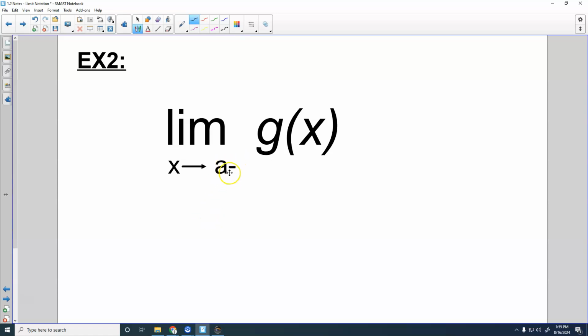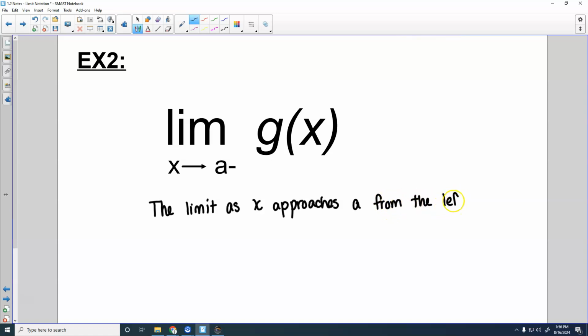What does it mean when I have this little negative behind my A? From the left. So in this case, I could say, let's word it just a little bit differently. We could say the limit as x approaches A from the left of g of x.